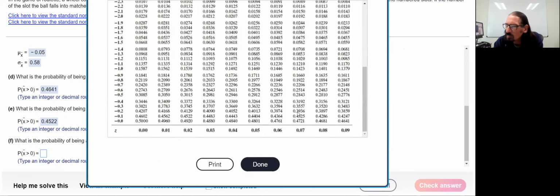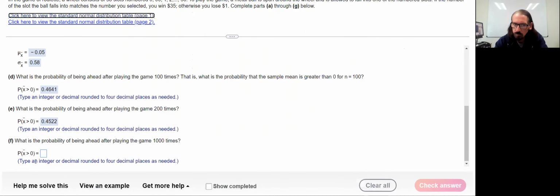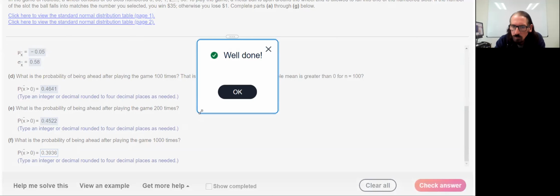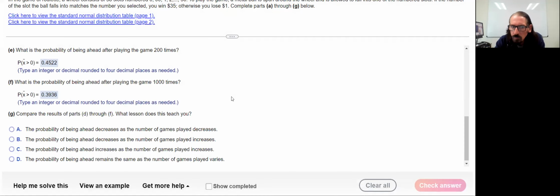Negative 0.27, 0.3936. Those probabilities went down as the sample size went up. The probability of a gain, i.e. greater than 0, decreases as the number of games played increases.